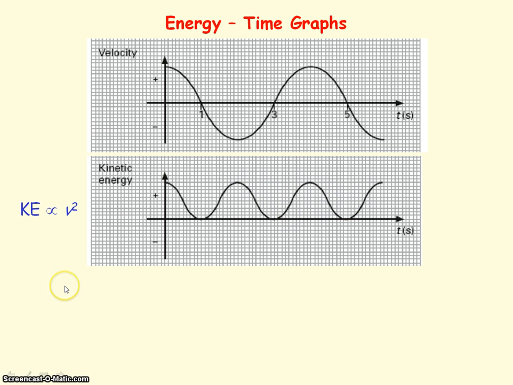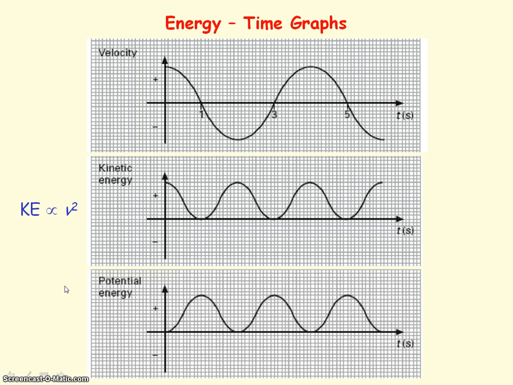To get the potential energy versus time graph, because we know there's a continual exchange between kinetic energy and potential energy, when kinetic energy is maximum, potential energy will be minimum or zero. When kinetic energy is zero, potential energy will be maximum. So the potential energy time graph is the reverse of the kinetic energy time graph and follows a sine squared shape.